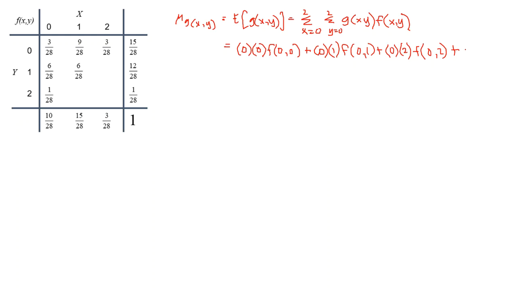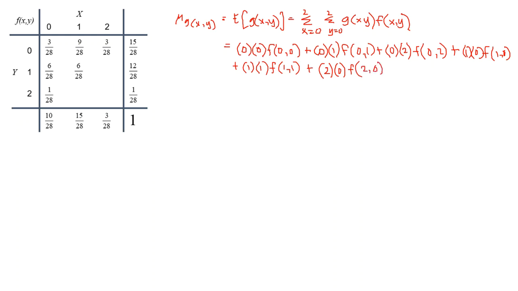Plus, if our x would become 1, our y would become 0. So these are just the possible probabilities. We have 1 and 0 as well. We also have, if our x would be 1 and our y would be 1, 1 times f of 1 and 1, plus, if our x would be 2, our y would be 0, we have f of 2 and 0.